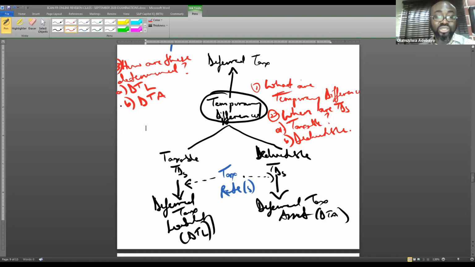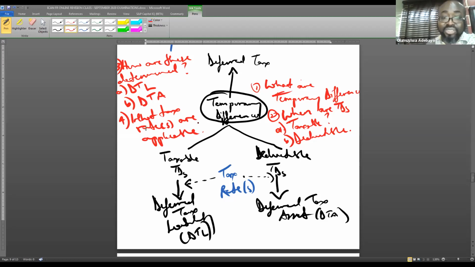My fourth question will now be, what tax rate or rates are applicable? Now, my answers to these four questions will further make me understand this chart to say that though deferred tax arose from temporary difference, temporary difference can either be taxable or deductible.